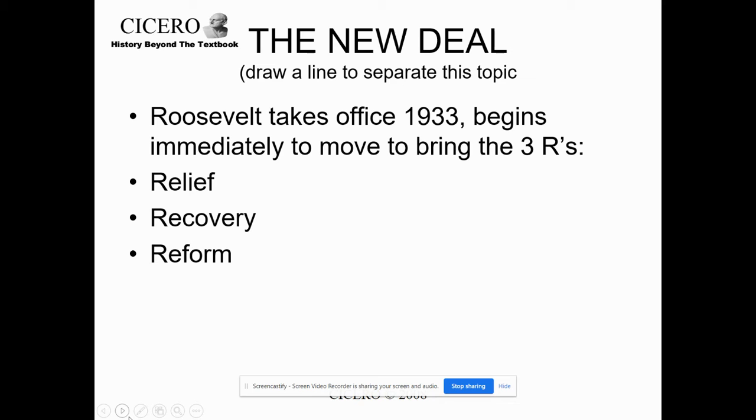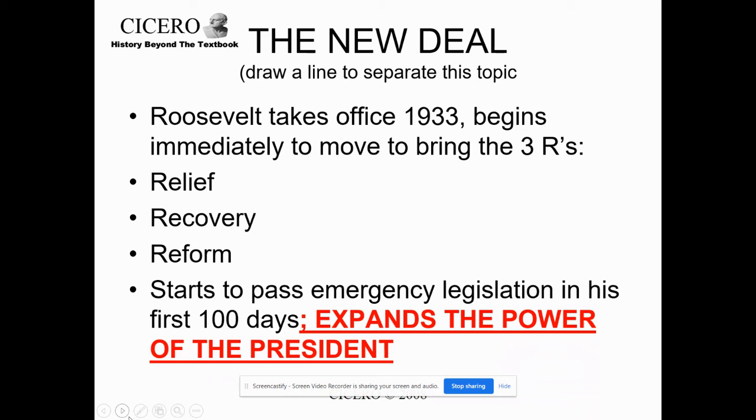Recovery, things like making sure the banks can work, things like making sure the stock market can start operating again. And then long-term reform. If you don't change the structure of the banks or the structure of the stock market, and you don't reform them for the long term, you're just going to keep having the same problems over and over. So he is very successful in getting these programs passed.